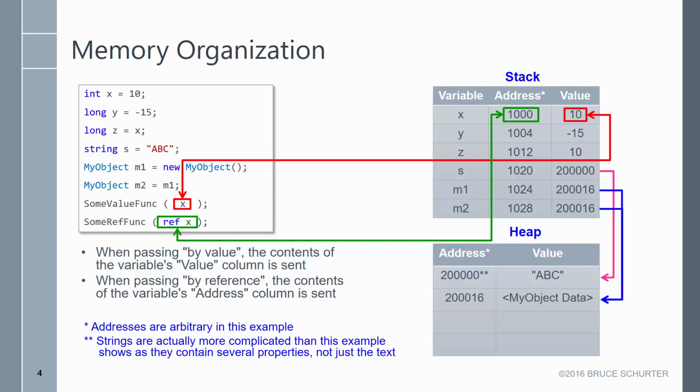Now, if you pass a reference value by ref, what happens is, again, you're just simply passing the address column in the stack. So instead of just passing the reference to the address in the heap, we're passing the address of the variable in the stack. What this means is we can physically change the value.